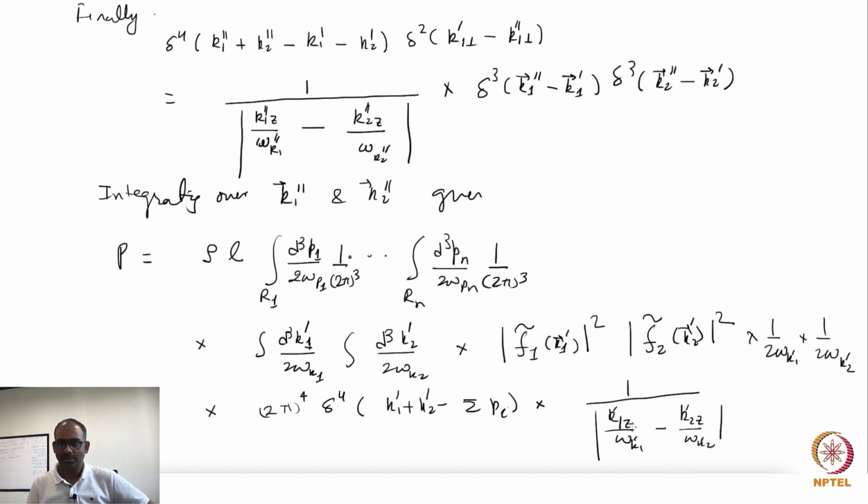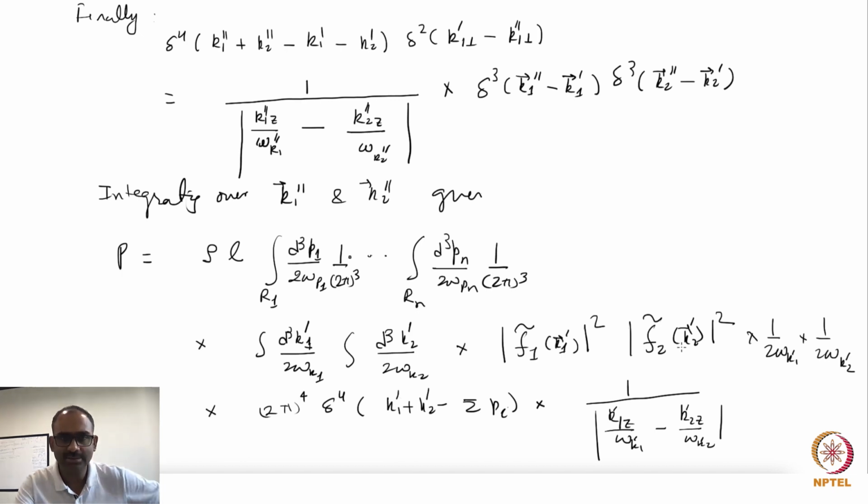Now what I will do is use the fact that f1 tilde and f2 tilde are sharply peaked around K1. So you can think of them as Gaussian functions peaking at K1. K1 prime is equal to K1 and K2 prime is equal to K2.